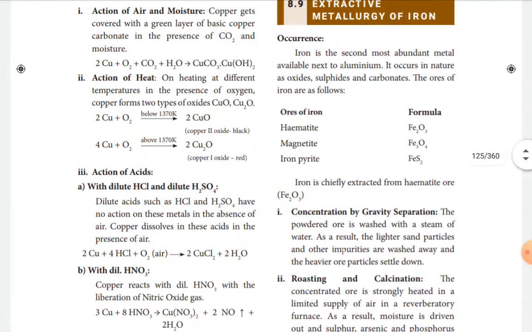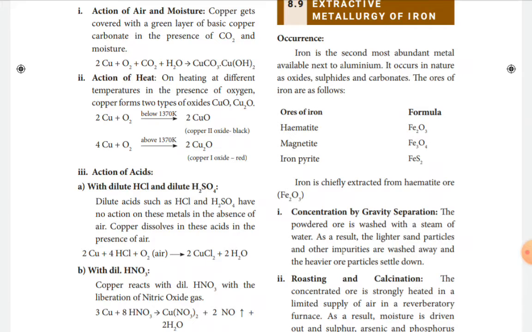See here it is given, that is action of heat, second reaction. On heating at different temperatures in the presence of oxygen, copper forms 2 types of oxide, copper 2 oxide, copper 1 oxide. CuO, that is copper 2 oxide, Cu2O, copper 1 oxide. The first one, see, 2 units of copper burn in presence of oxygen, that going to give copper 2 oxide below 1370 Kelvin.